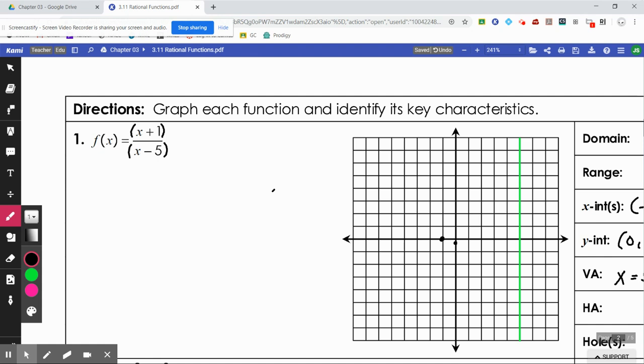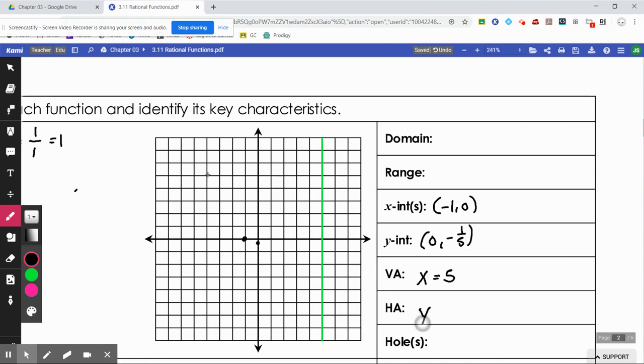So we're going to look at our leading coefficient of the top and the leading coefficient of the bottom. And the leading coefficient, if you don't remember, is the coefficient of the highest power of x, which is x to the first on top and bottom. So your horizontal asymptote would be at y = leading coefficient on top is 1, leading coefficient on bottom is 1. So at y = 1, you're going to have a horizontal asymptote.